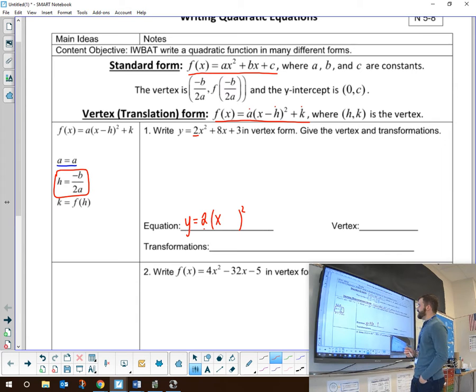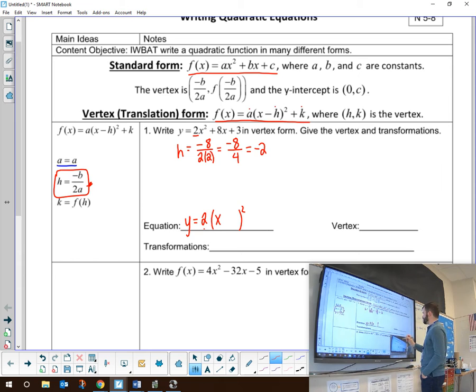Now we need to find what my h is. My h is negative b over 2a. So we're going to go negative b, so negative 8, or opposite b, over 2a, and a is 2. So opposite b over 2 times 2. That's going to be negative 8 over 4, which is negative 2.